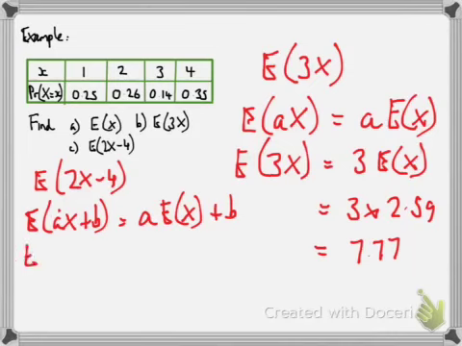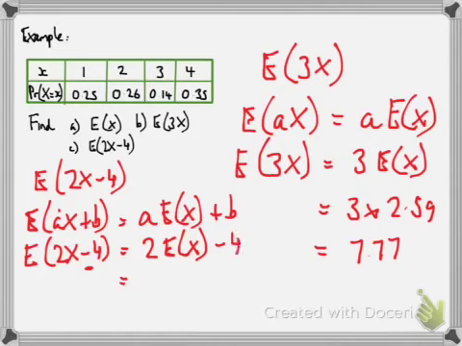Alright, so we've got expected value of 2x minus 4. So using that rule, we know that the a pops out the front, so it's 2 times the expected value of x plus b. Now, plus b here is our negative 4, so the negative 4 goes there. So that means we've got 2 multiplied by 2.59, which is the value for the expected value of x. Okay, we can bracket that, minus 4 equals 1.18.